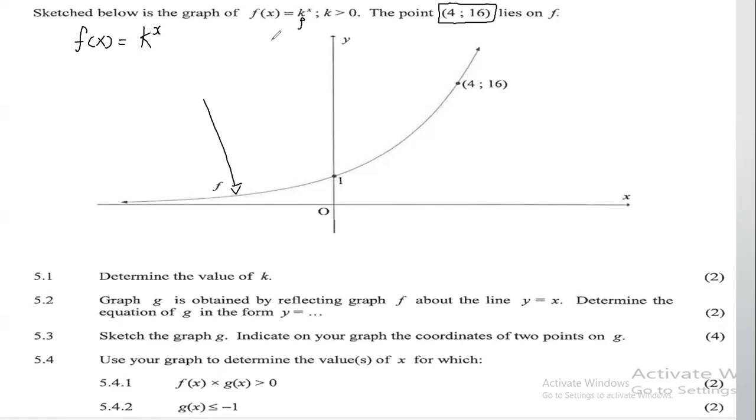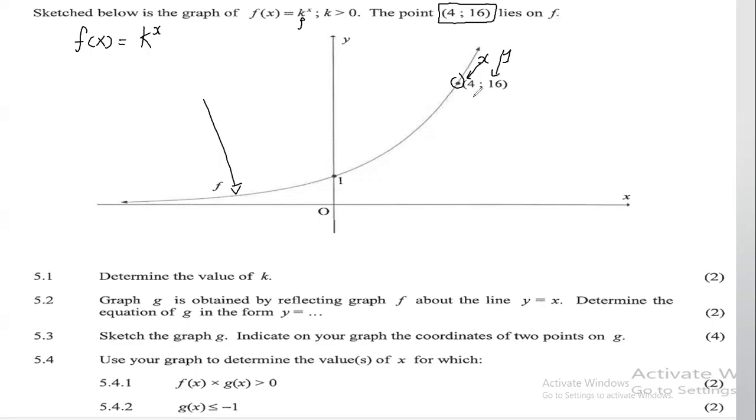Okay, now we are given this point (4, 16), and we are told that it lies on f. You can see it here. This point is indeed on the graph of f. So whenever this point lies on our graph f, it means we can go to this equation of f of x equals k to the exponent x, substitute our x with 4 and substitute our y with 16.